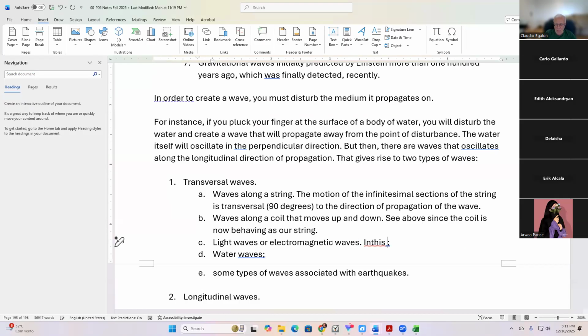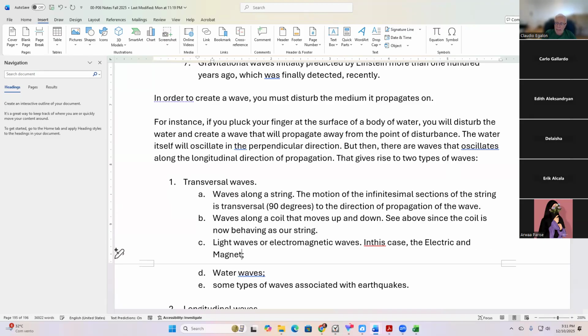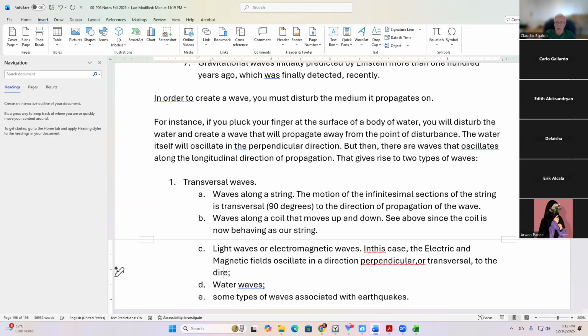In this case, the electric and magnetic fields oscillate in a direction perpendicular or transversal to the direction of propagation of the wave.